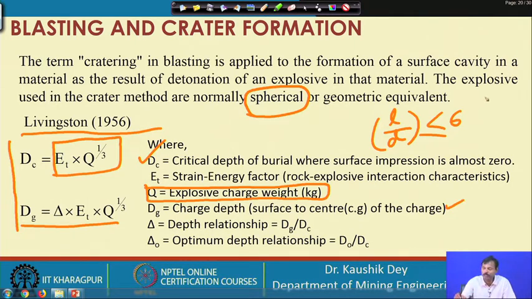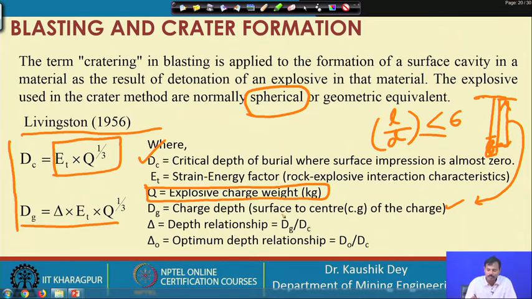Okay. That means, if this is the surface and up to this the charge is placed, then this is the center and this is the surface. So, surface to the center, this depth is called dg.